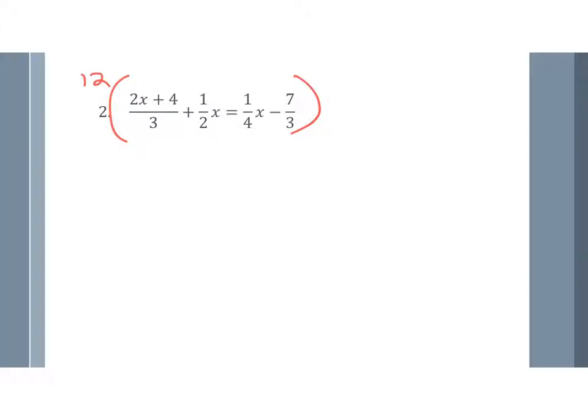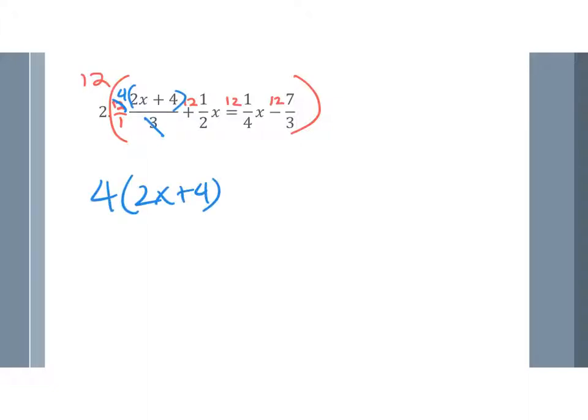So if it's easier for you to see a little 12 in front of each one, because really what you're doing here is simplifying that denominator. So if I put a little 12 next to each of these, then I would simplify. 3 goes into 12 4 times. So that's what you're going to multiply that numerator by.